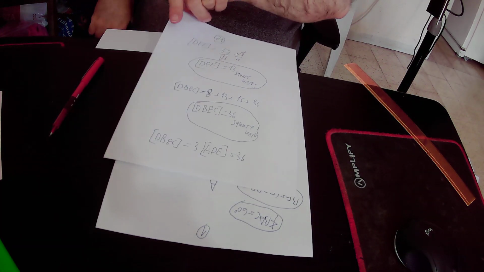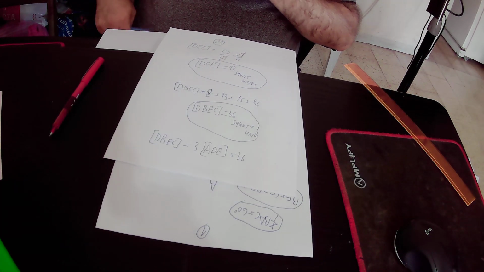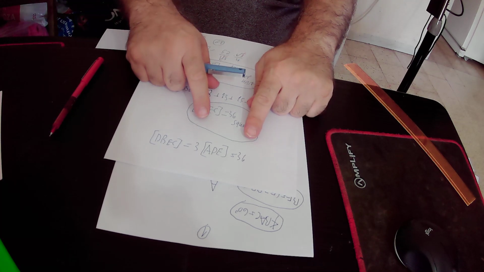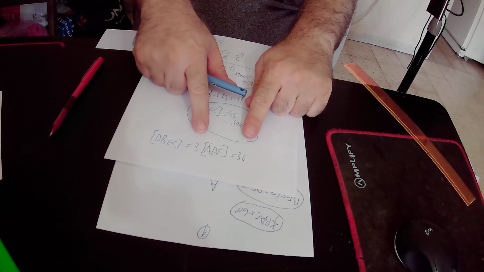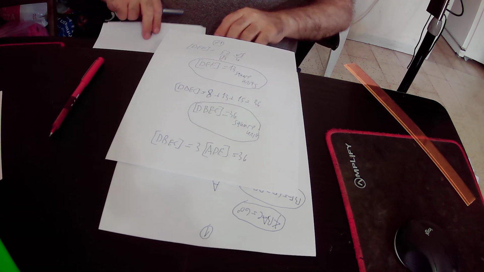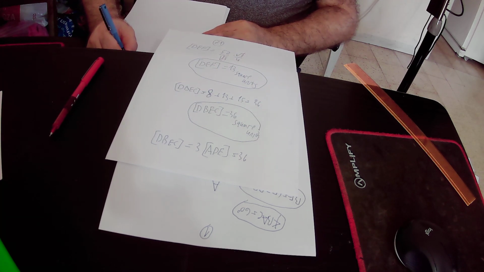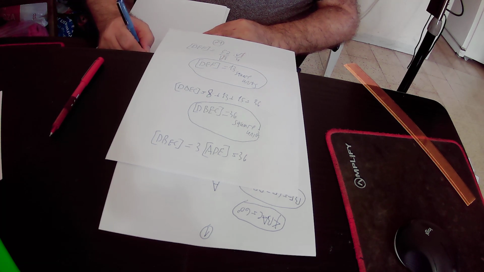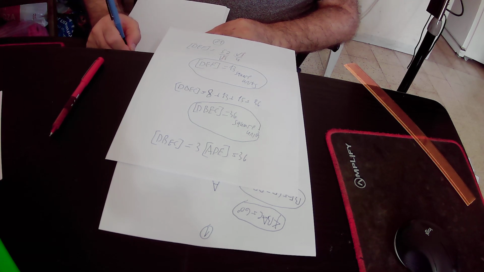Okay, so from this equality we can derive that 3 times the area of triangle ADE equals to 36 square units.